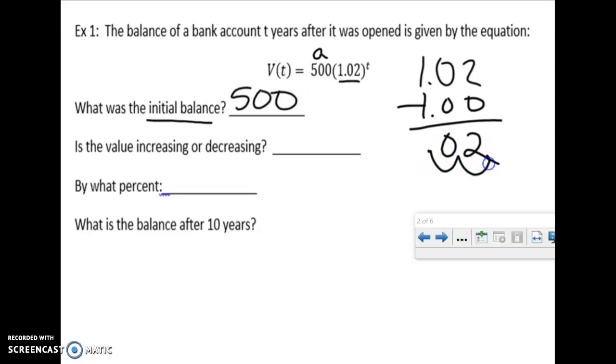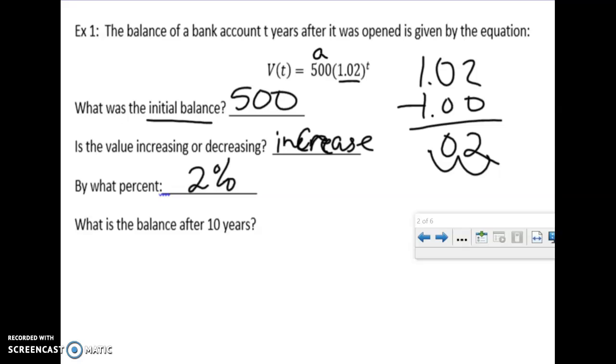Well, move that decimal 2 times to see that it's a 2%, and since it was above 1, an increase. Again, my penmanship not very good on this board yet, so apologies. So a 2% increase because it's over 1 by those 2 hundredths, but we have to change it to a decimal by moving the decimal place twice.